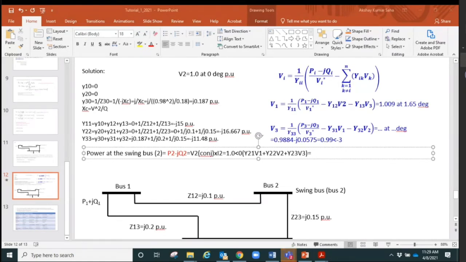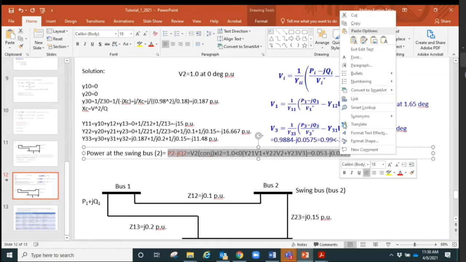What I got is 0.0653 minus J0.0153, something like that. So you will get something similar to that. The exact value will differ because of your approximation and my approximation in terms of calculation. So that's P2 minus JQ2.